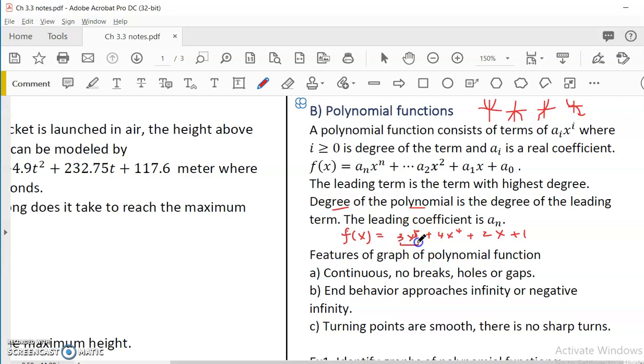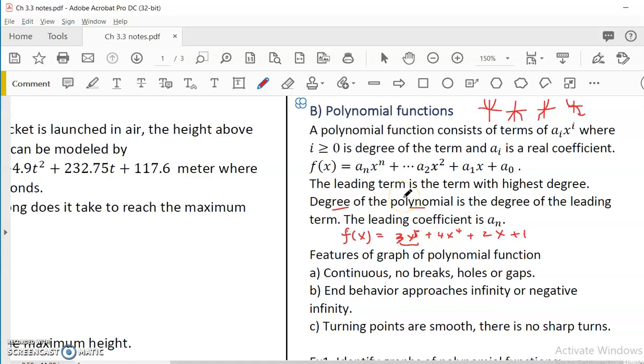So this term is degree 5, and it has the highest degree out of all of these because this is degree 4 and this is degree 1. So this is called the leading term, and 3 would be the leading coefficient. 5 is the degree of the whole polynomial. We don't add degrees together to get the degree of the polynomial. The degree of the polynomial is the degree of the leading term.